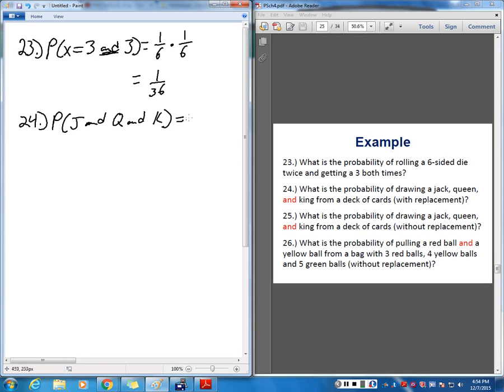When I draw the first time, there are 4 jacks out of 52 cards, and use multiplication rule. When I draw the second time, with replacement means that I put my jack back into the deck and it was reshuffled. So there are still 4 queens out of 52 cards. I put that queen back, and then there are 4 kings still out of 52 cards.